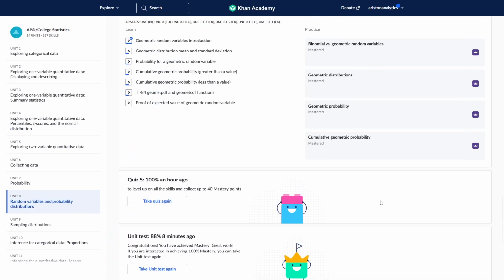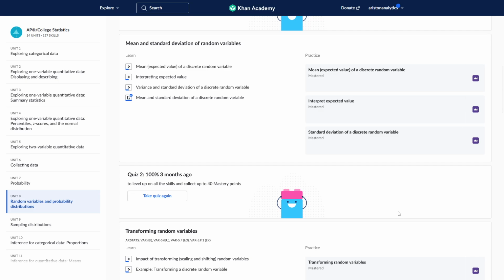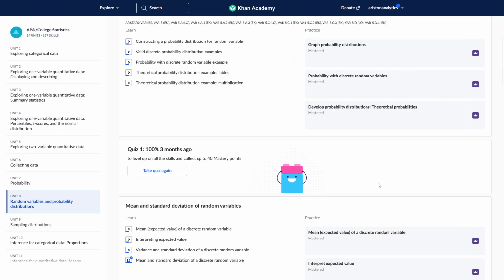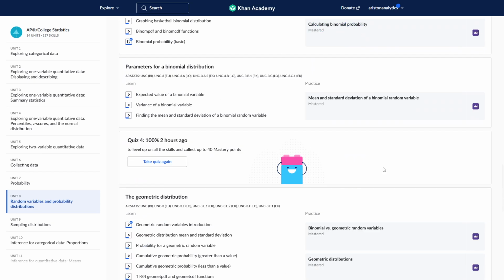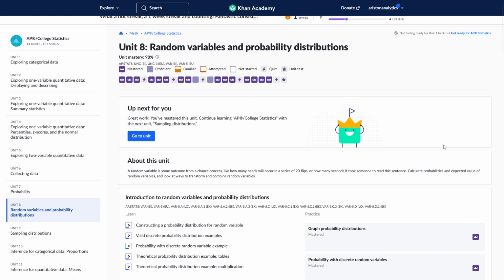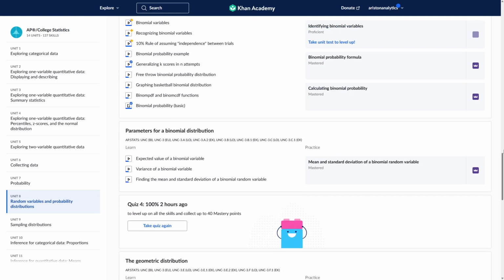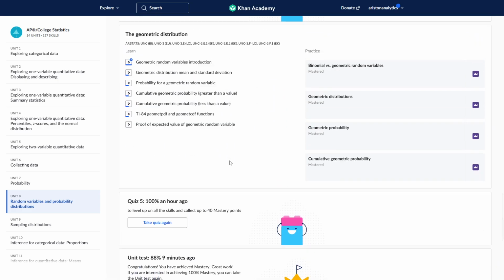And then a geometric random variable is something like how many turns will it take before Rocky rolls a 6. And so you don't have a fixed number of trials. You're trying to figure out how many trials it'll take to achieve something. And then there are slight variations to those questions, but they are rooted in that type of variable.